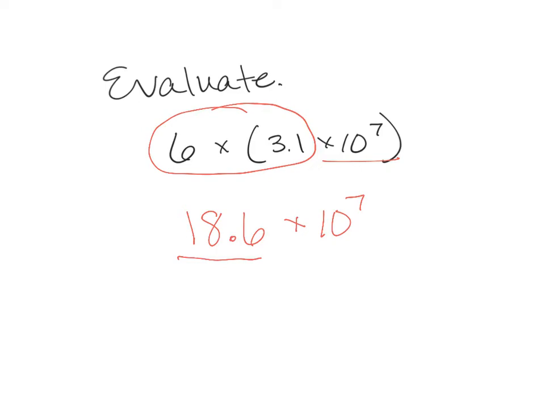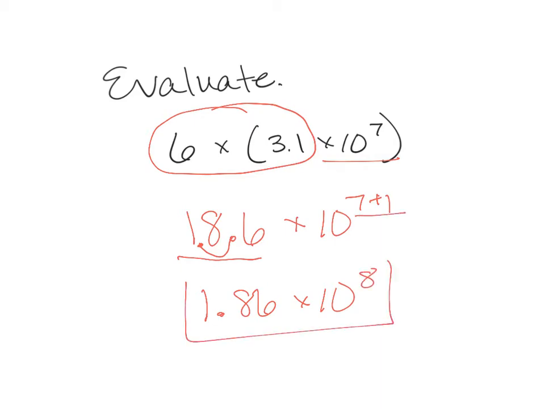It is a bigger number. It's bigger than 10, so we are going to add how many times we move the decimal point. We need to move it 1 time, so we're going to add 1. So instead of 18.6, we have 1.86 times 10 to the power of 7 plus 1 is 8. And there is our scientific notation.